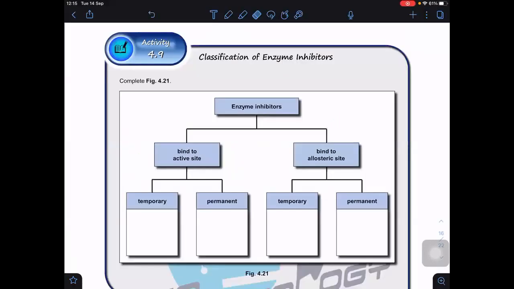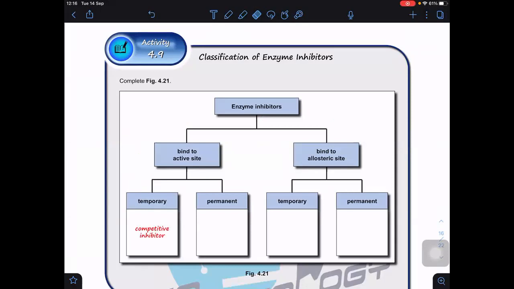So in this activity 4.9, you can see that the enzyme inhibitor binds to the active site or binds to the allosteric site. So how do we classify them? If it binds temporarily or briefly, sometimes we use the word briefly, sometimes temporary, this kind of inhibitor is termed a competitive inhibitor.